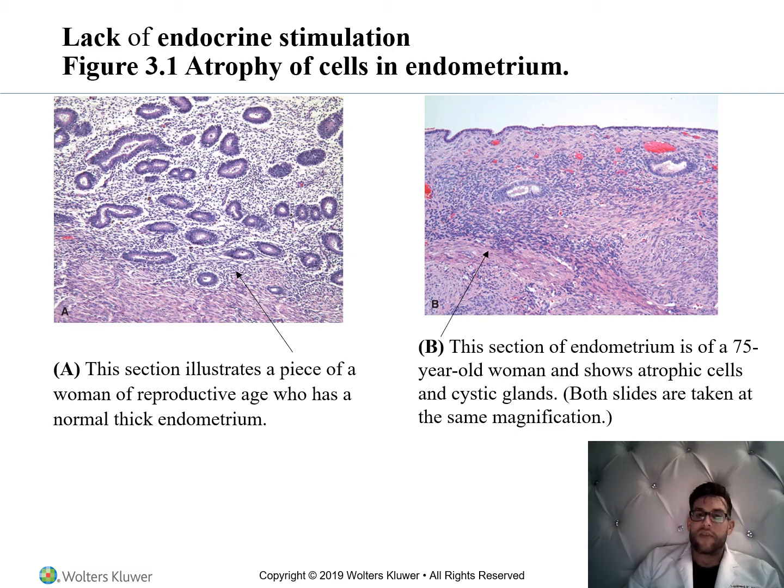Now, in comparison, picture B shows an endometrium of a 75-year-old woman that has atrophic cells and cystic glands. Both slides were taken at the same magnification of the microscope. So we are talking about the same magnification, just the cell size has decreased in a 75-year-old woman due to lack of endocrine stimulation and due to lack of estrogen.